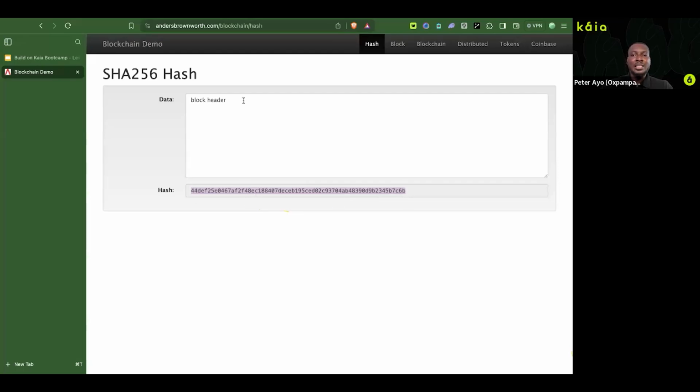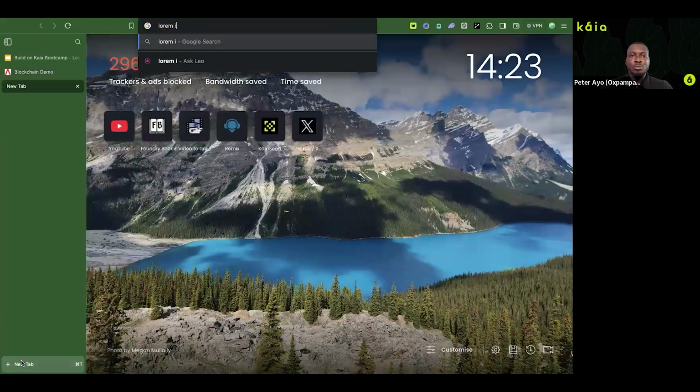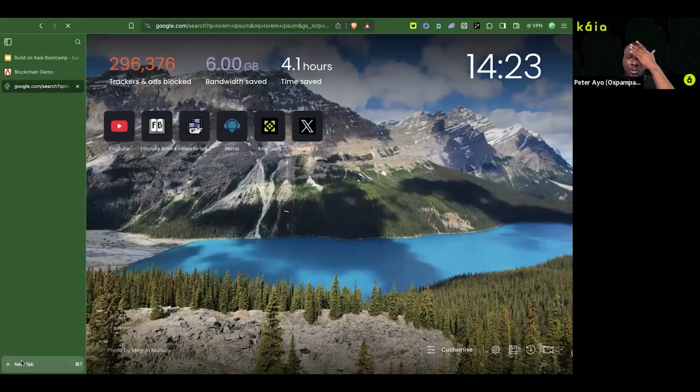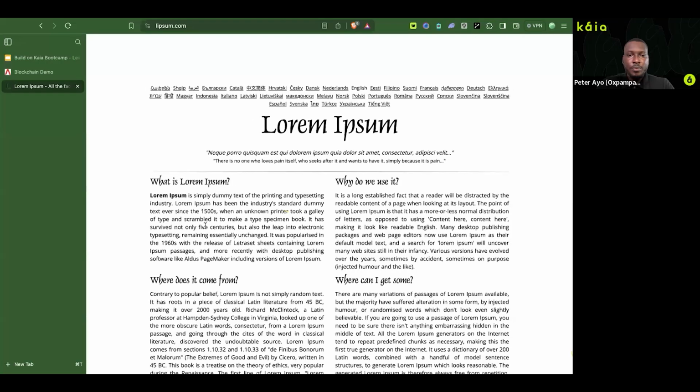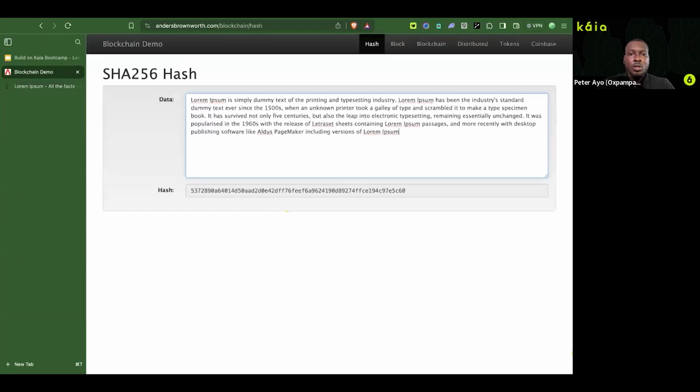Now, if you take in any type of data, probably a large chunk of text, and you paste it here, you're still going to get the same length of hash. So let me go to lorem ipsum and copy a long text. Regardless of the length and the bulkiness of our inputs, as you can see, it returns a fixed length of outputs.